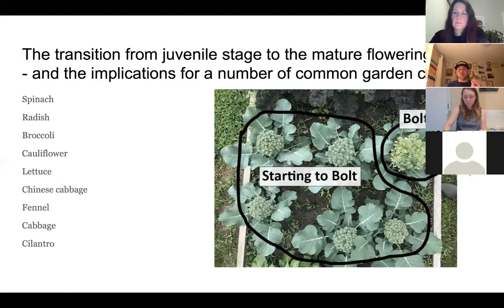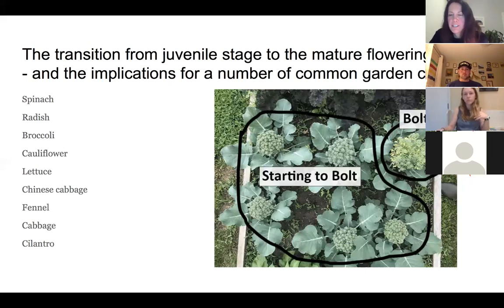They produce a whole bunch of what we would call compound leaves that are slight and oblong, and it's lost that lobed, more maple-leaf shape. Does that make sense to everybody?